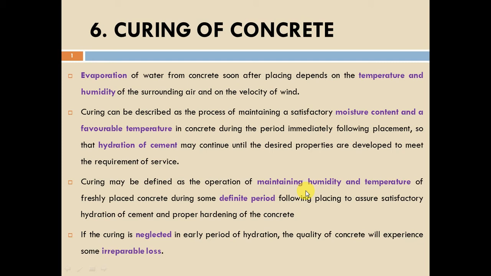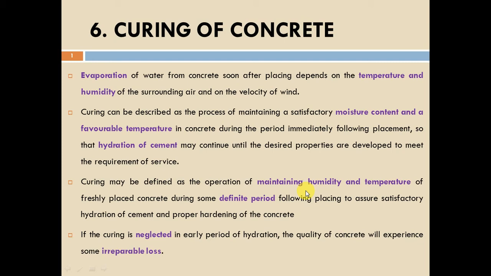Why do we have to maintain moisture content and a certain temperature? Because the hydration of cement has to continue, to get the desired properties or to meet the certain service requirements.